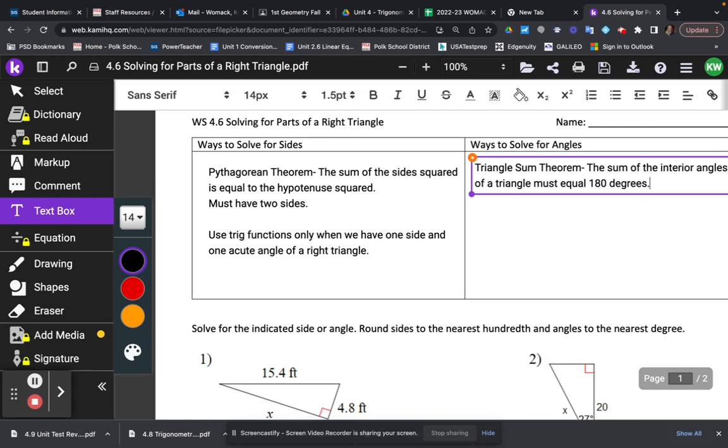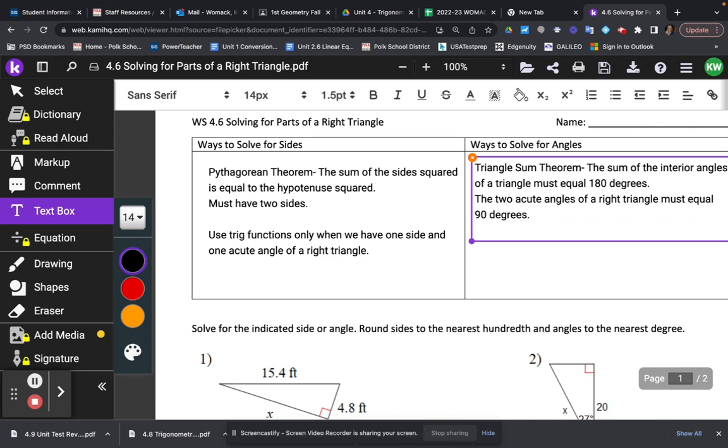And in the case of right triangles, you have this idea that the two acute angles of a right triangle must equal 90 degrees. And again, we're still looking at that triangle sum theorem and just looking a little bit further.